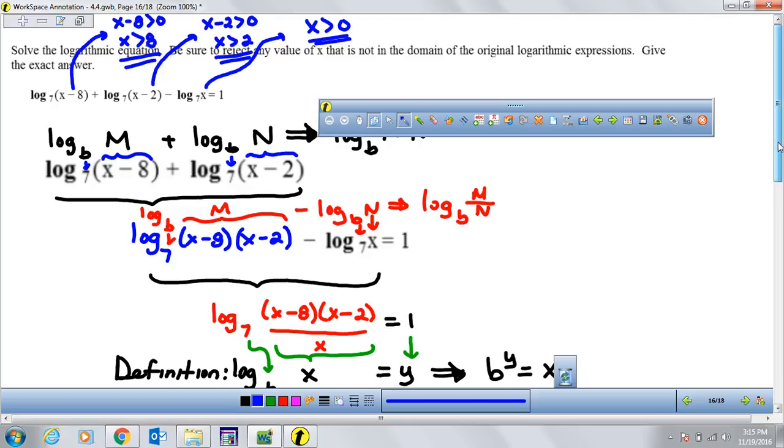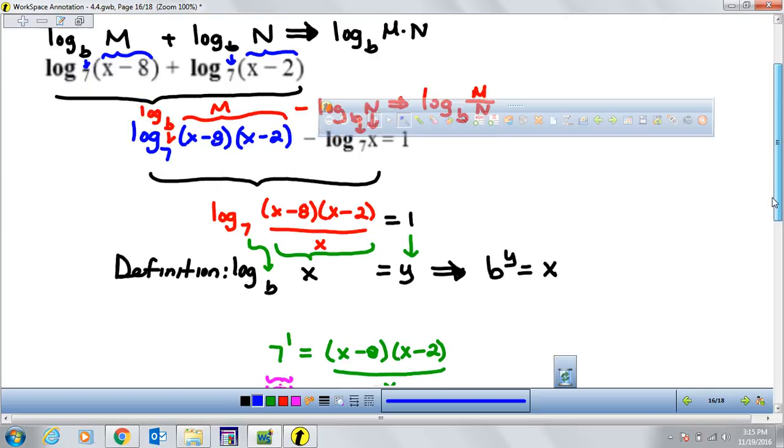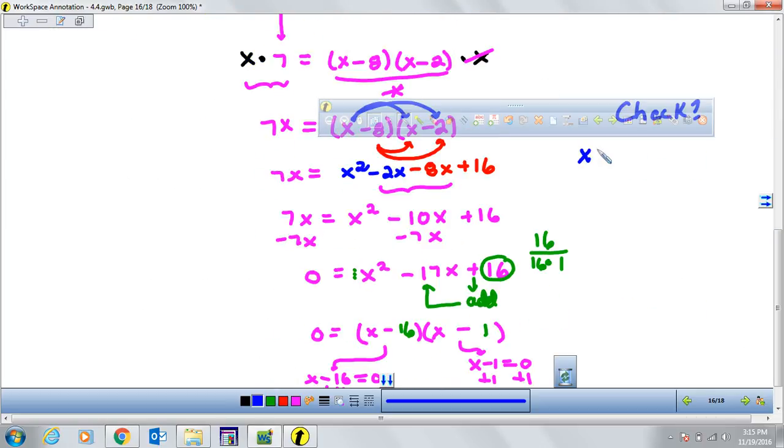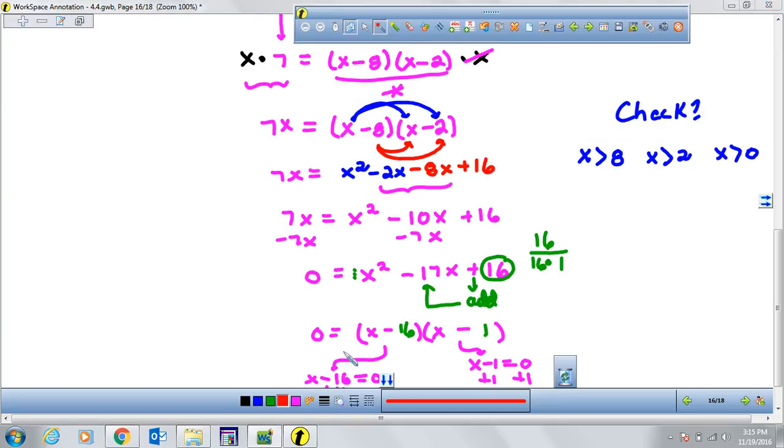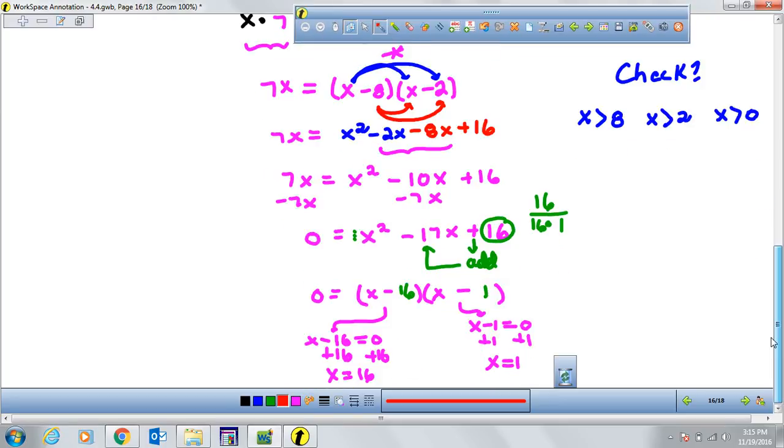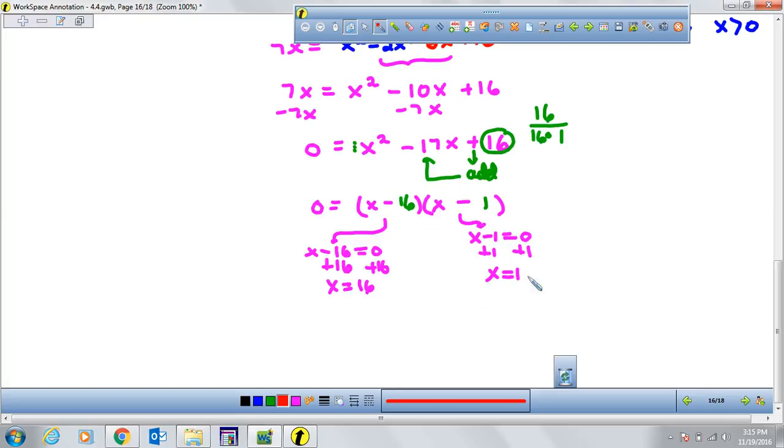So these are the three domains for each log. X must be greater than 8, x must be greater than 0, and x must be greater than 2. Okay. So let's go ahead and put them here. X must be greater than 8, x must be greater than 2, and x must be greater than 0. And we're going to check if both of these solutions are in the domain. So I'm going to start checking the 16 first.